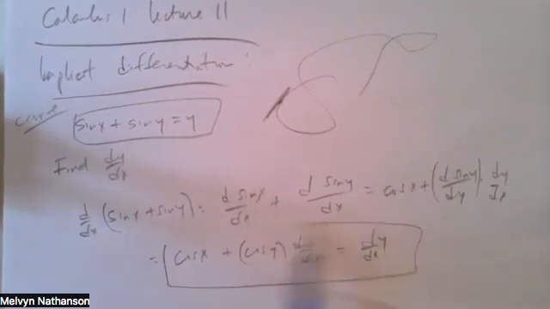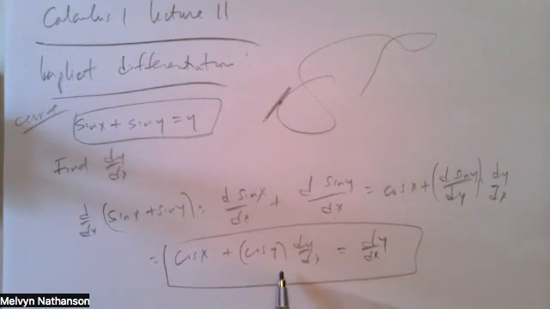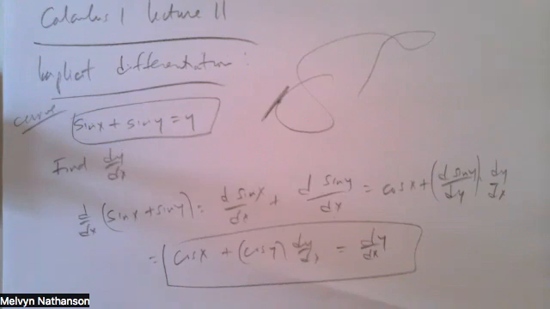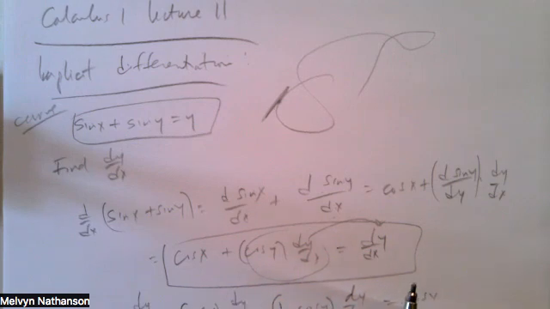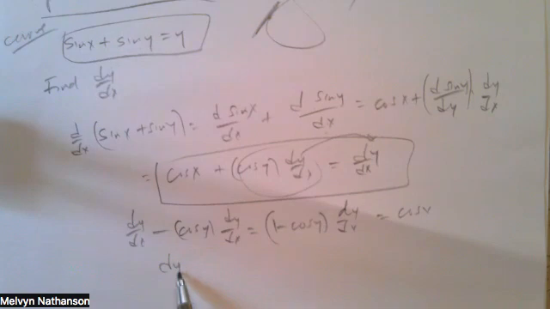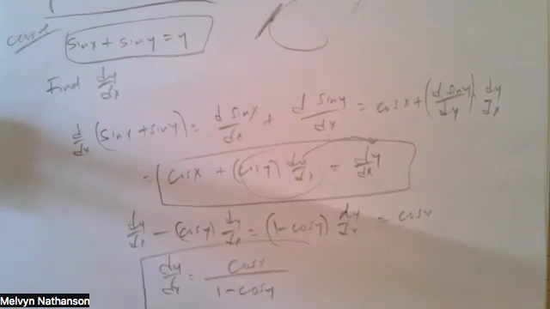So we get this expression that involves dy dx. We can solve for dy dx. We bring this term over to this side: dy dx minus cosine of y dy dx, which is 1 minus cosine y times dy dx, equals cosine x. So dy dx, that's what we want to solve for, is cosine x over 1 minus cosine y.